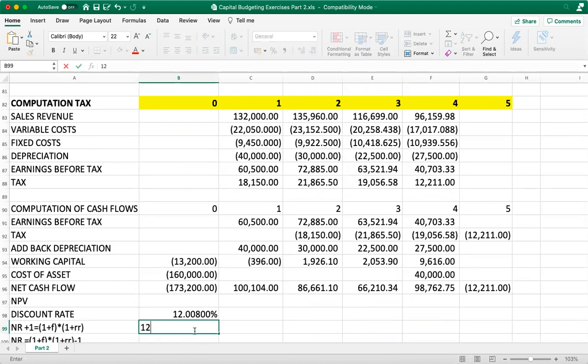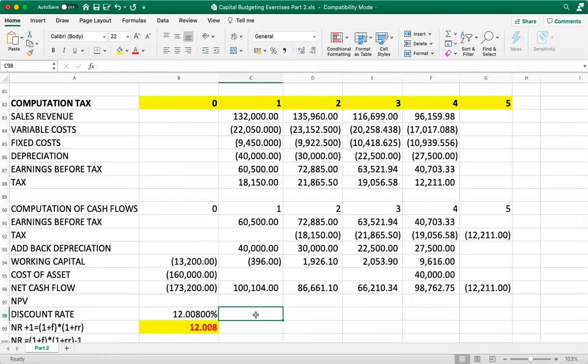So I'll write it below. So this is 12.008. This is the number I'll be using as we compute our NPV and as we look at the other parts of this question, the solver, etc. So now I want to get my NPV of the project.